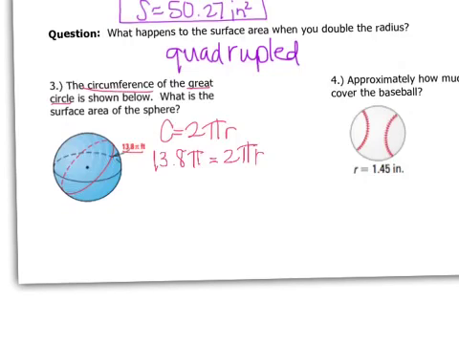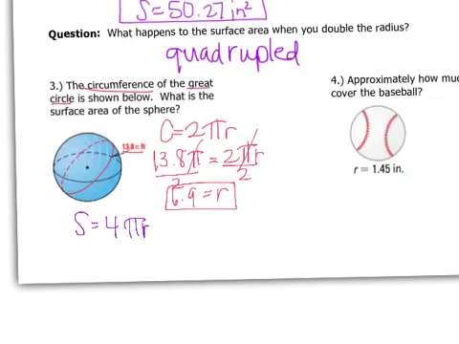If you have a pi on both sides of your equation, those can cancel out. And then all we need to do to solve for r is to divide both sides by 2, which we end up with the radius being 6.9. Once you have that, then you can use that to find the surface area of the sphere. Go ahead and just leave this in terms of pi.